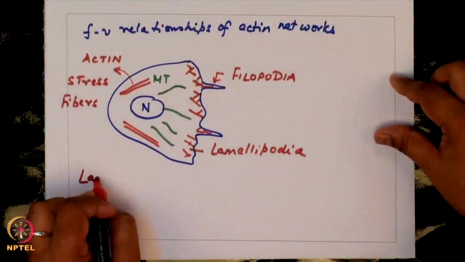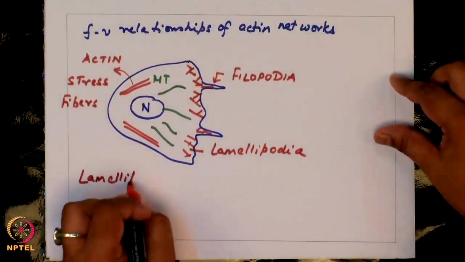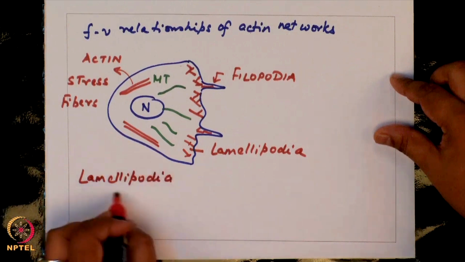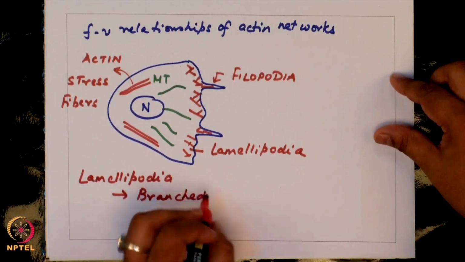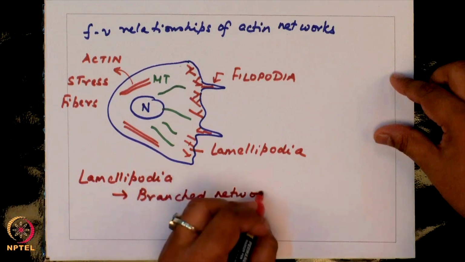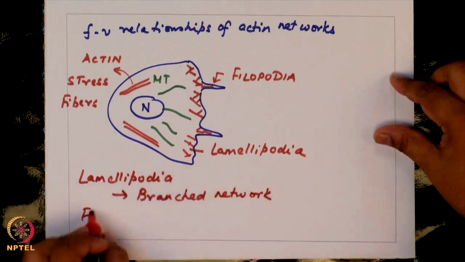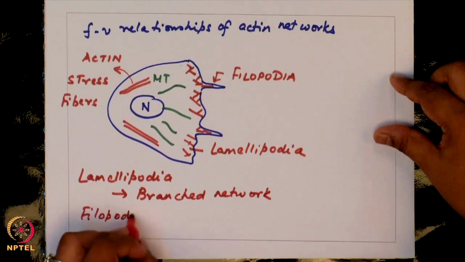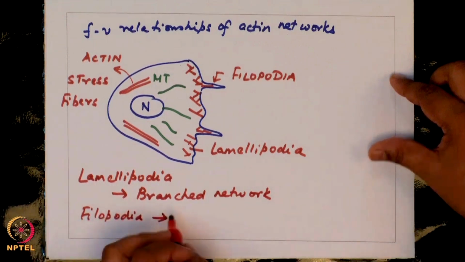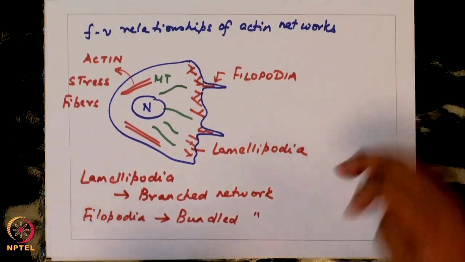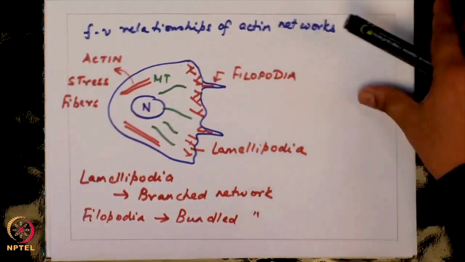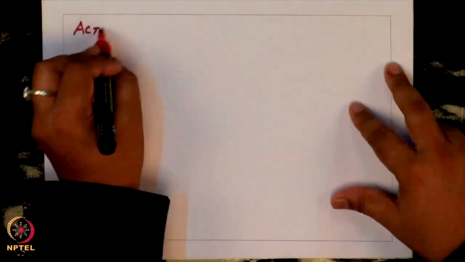In lamellipodia, the actin is more branched. It is a branched network versus in filopodia, the actin is more bundled. So, actin plays a key role in cell migration.